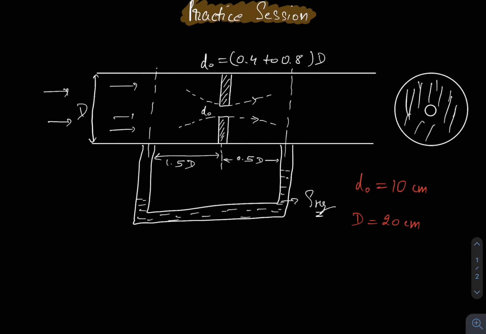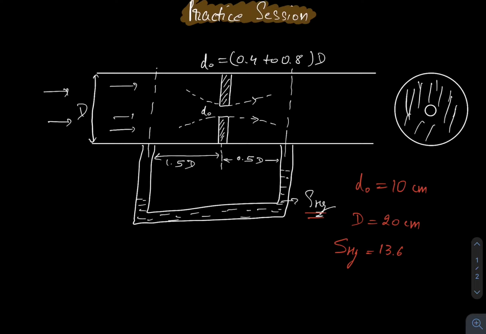Now this pressure difference is measured by, as mentioned here, a mercury differential manometer. What's the specific gravity of mercury? It's 13.6, you know that, right? Fine.